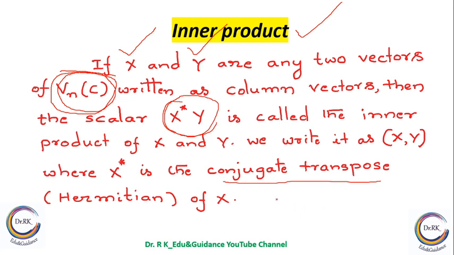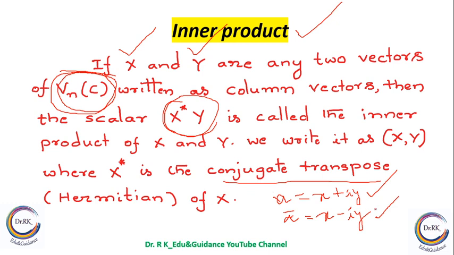Conjugate means, if I take a complex number x plus iy, its conjugate is x minus iy. Or vice versa: if x minus iy is the complex number, then its conjugate is x plus iy.